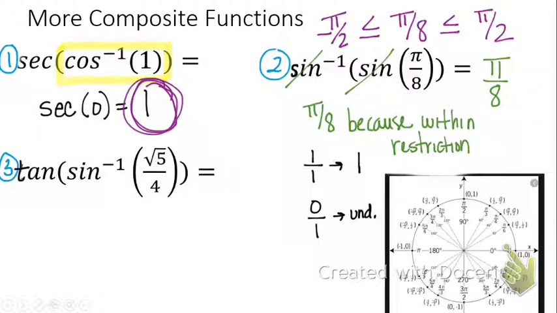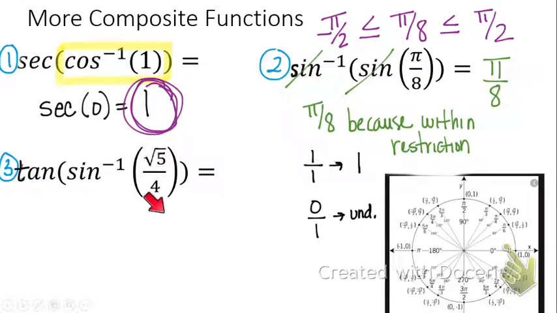So number 3 is just like the one we did before. So square root of 5 over 4 is not on our unit circle, and the square root of 5 over 4 is less than 1, okay? And the way to think about that is, as long as this number is less than 16, this fraction as a whole will be less than 1. Because what is the square root of 16?